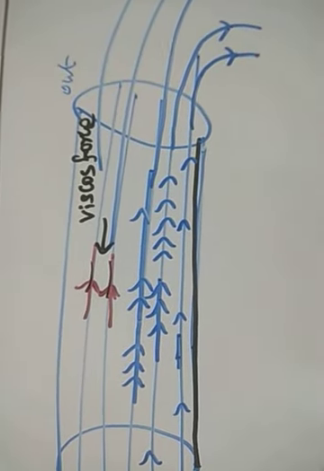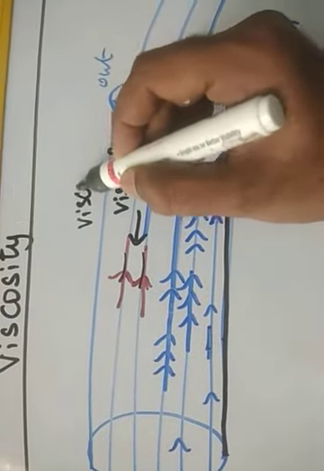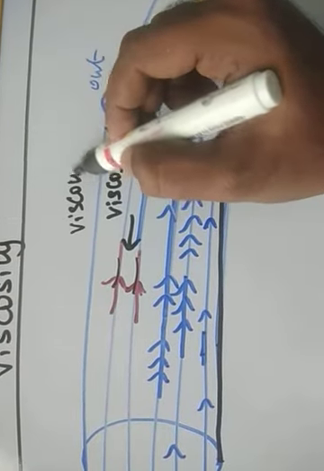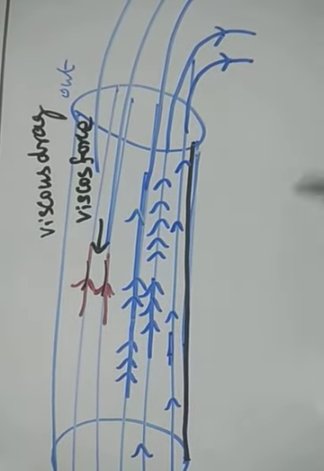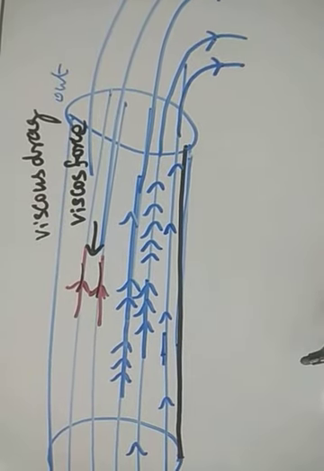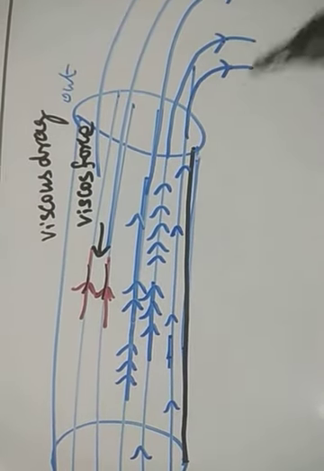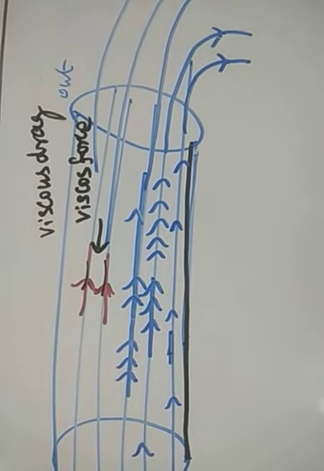This backward dragging force is called viscous drag or viscous force. It acts tangentially to the layers of the fluid in motion and tends to destroy the motion. That means it will reduce the velocity of the motion.